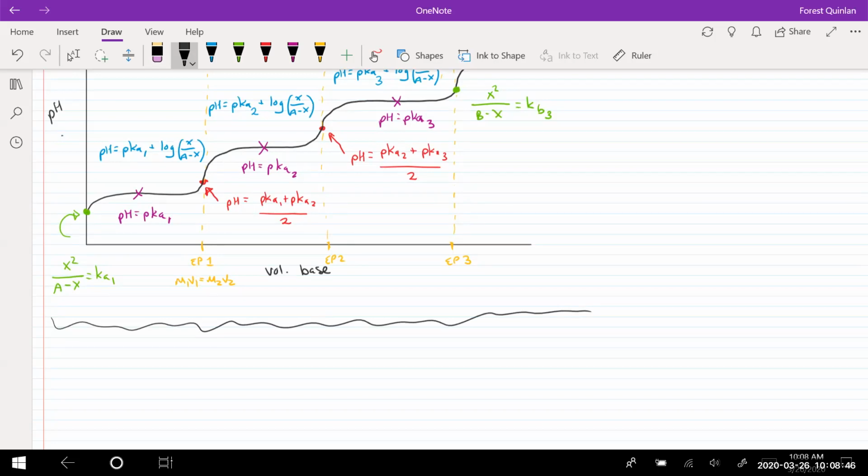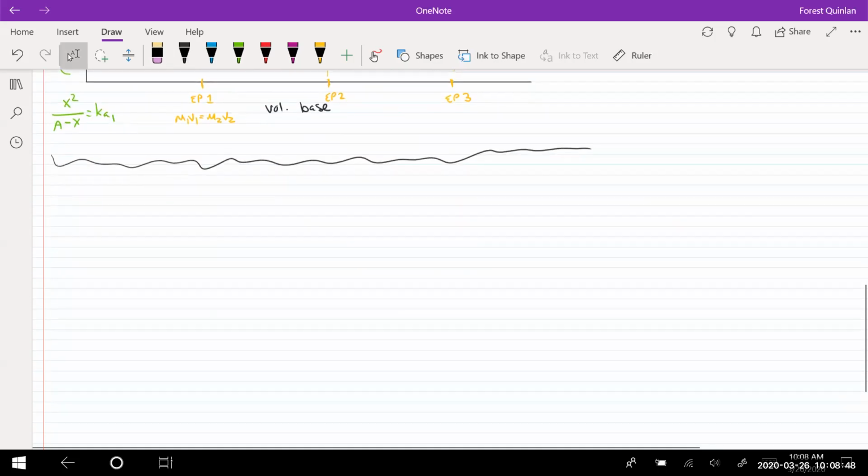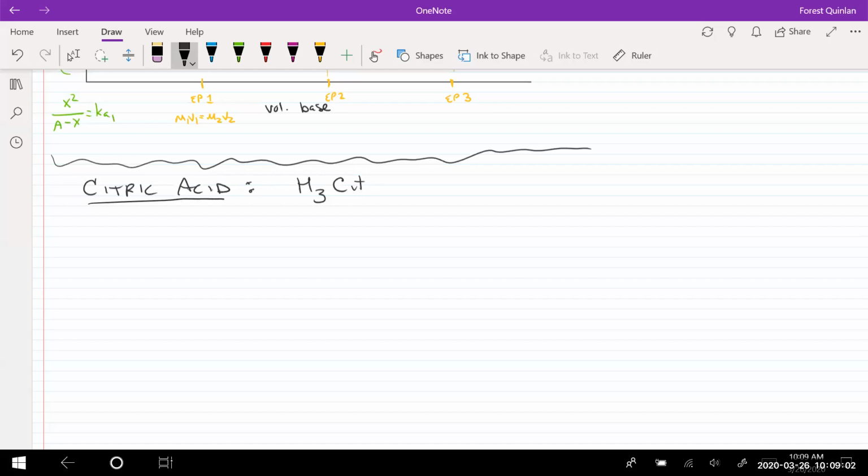So now that we have everything all in one spot, let's do one. Let's do citric acid. We're just going to abbreviate this as H3-CIT for citric acid.